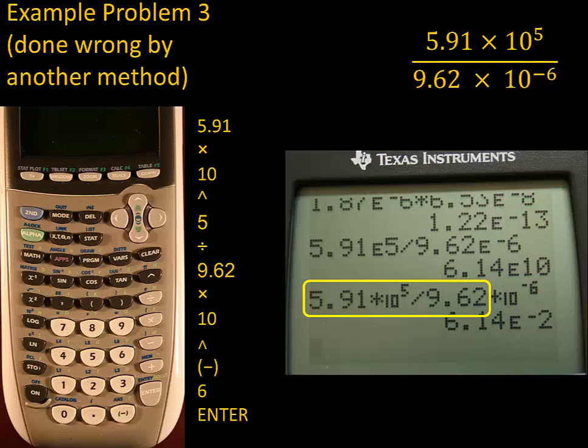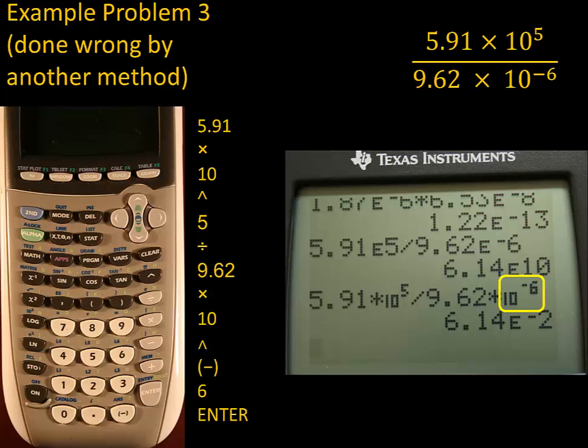The result is that your calculator takes the numerator, which it sees as two numbers, just like it did with the denominator, but with multiplication that's no problem, but it takes that numerator and divides it by 9.62. Then your calculator multiplies that result by 10 to the minus 6th.